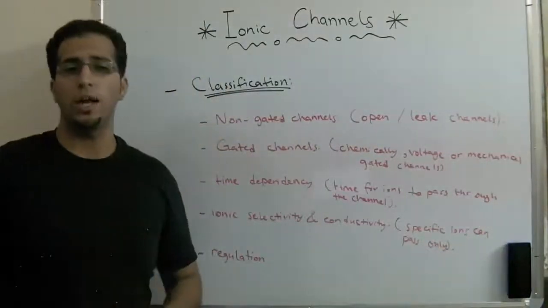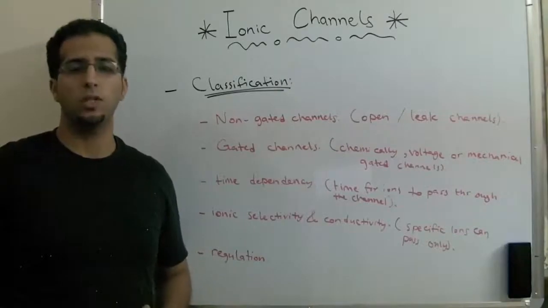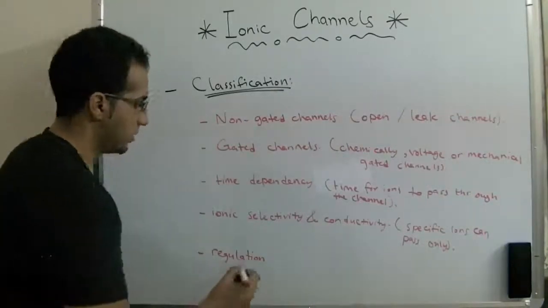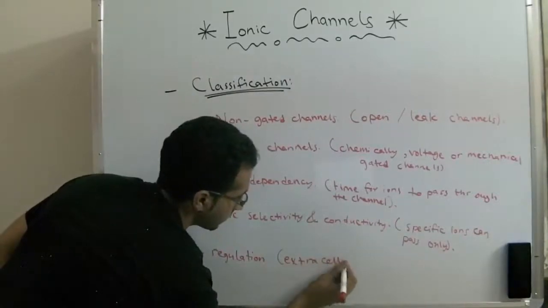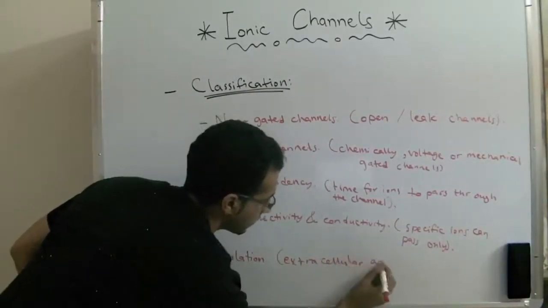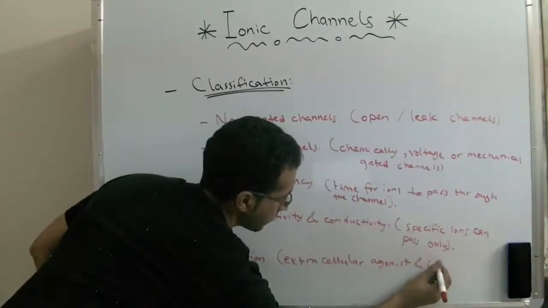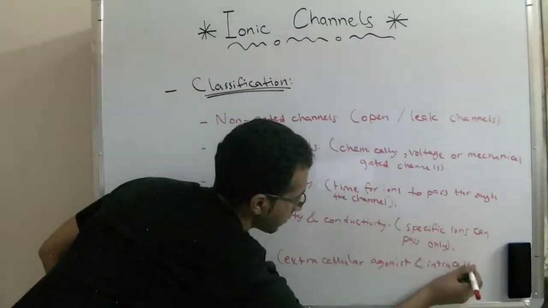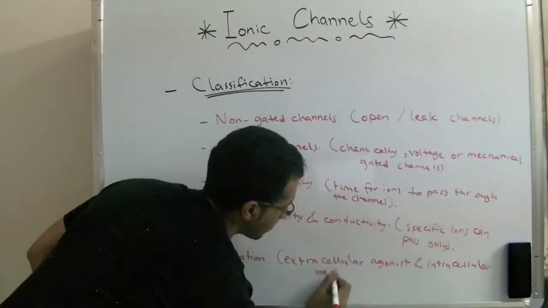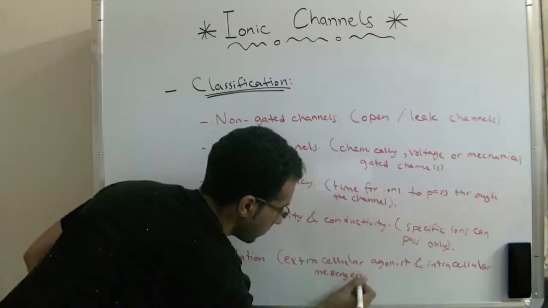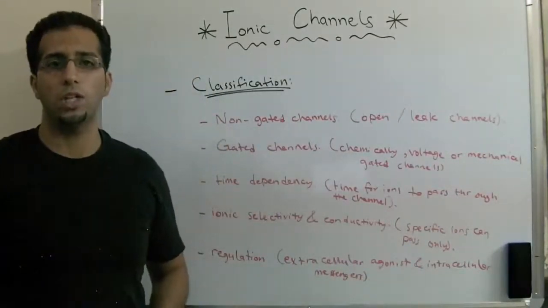And for the regulation, it's made by extracellular agonists and intracellular messengers. So these were the classifications of the ionic channels.